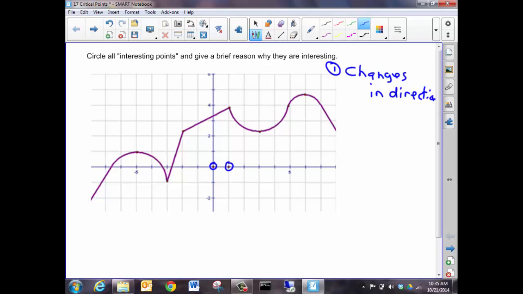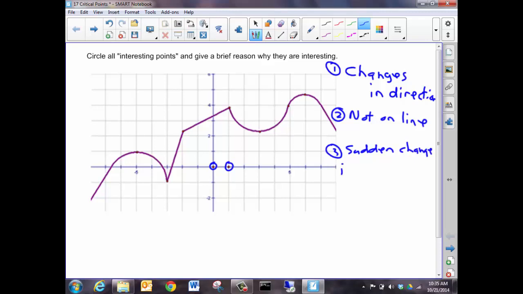Okay. Not on the line. Good. Okay. Anything else that makes it interesting? Sudden changes in slope. Ooh, that sounds like a calculus word there, doesn't it?